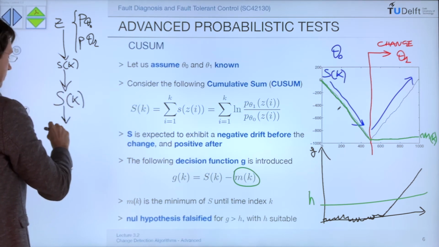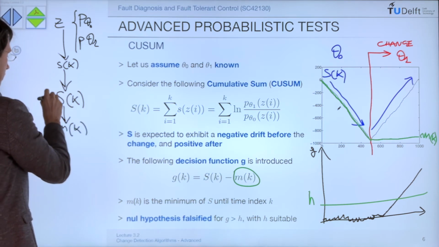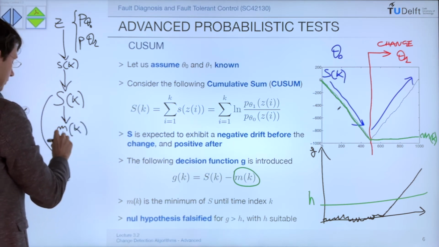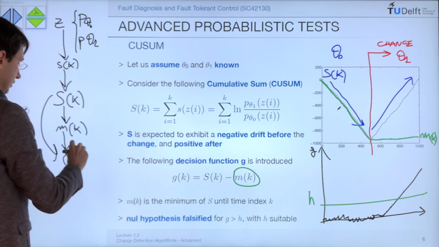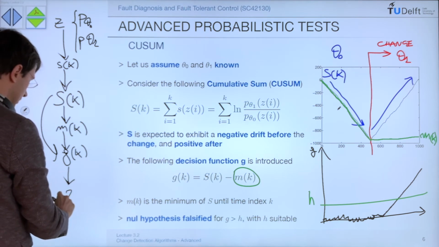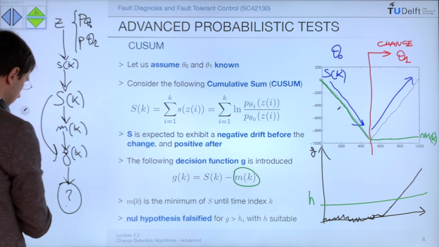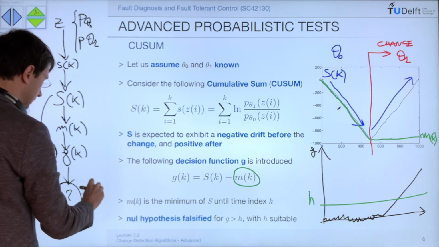We compute the minimum so far, m. We compute the term g. And finally, we test if it is bigger or smaller than h. Detect.